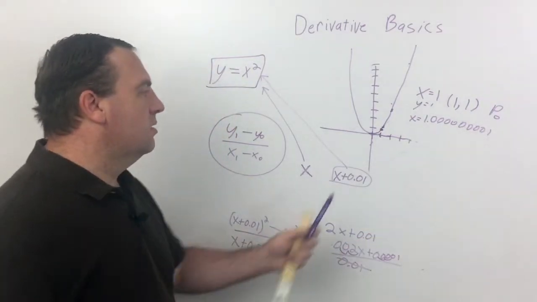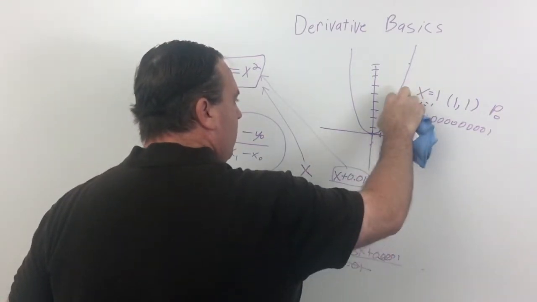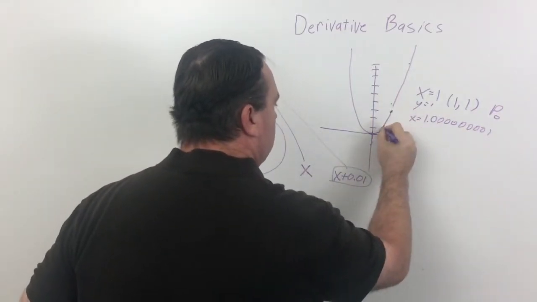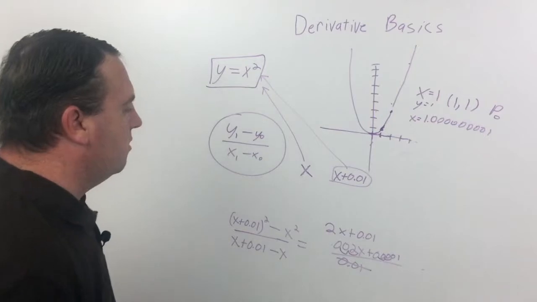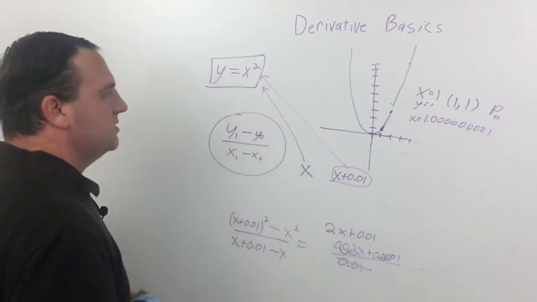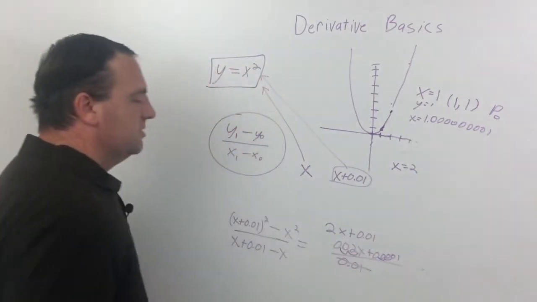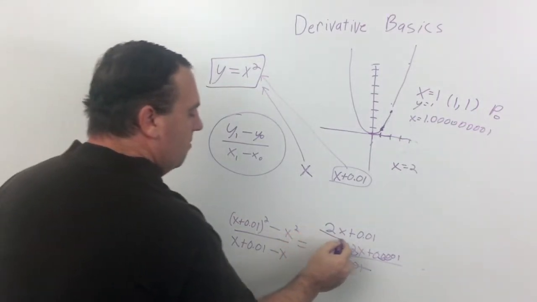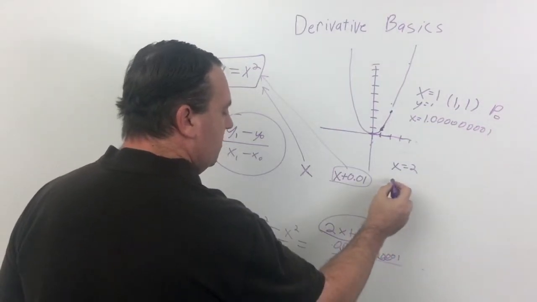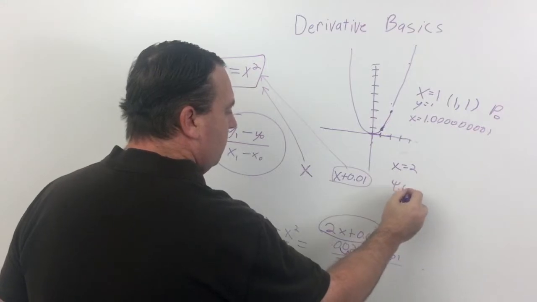So now instead of these points being a little close, they are super duper close. You can't even see how close they are. All right, so this gives us a formula that says that if I have x equals 2, what's our approximate slope? Well, our slope is approximated by this formula. And so if x equals 2, then the slope is about 2x plus 0.01, and that's about 4.01.